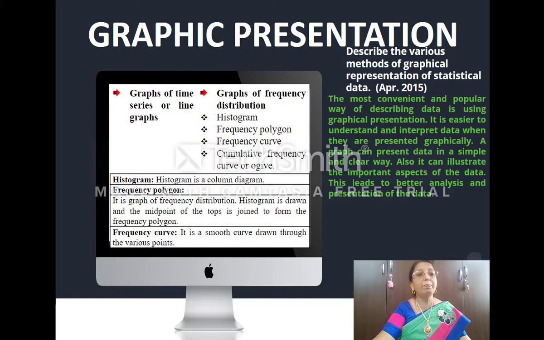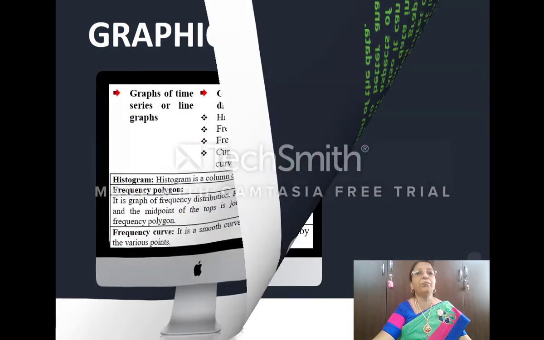When the same midpoints are joined with a smooth curve, it is a frequency curve. A graph can present data in a simple and clear way, and can also illustrate the important aspects of the data. This leads to better analysis and presentation of data.